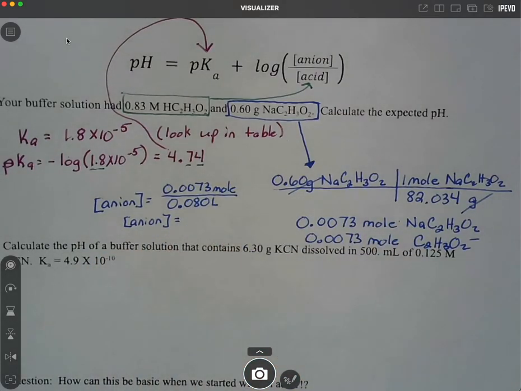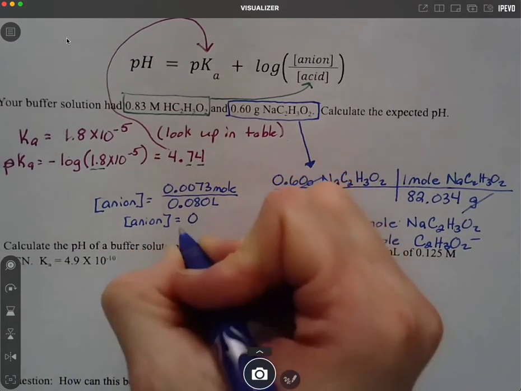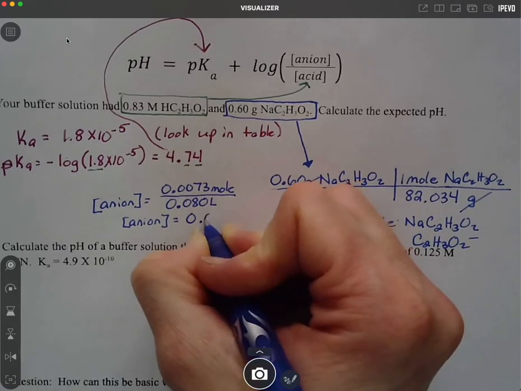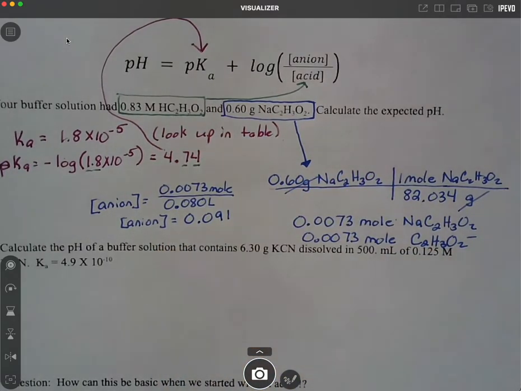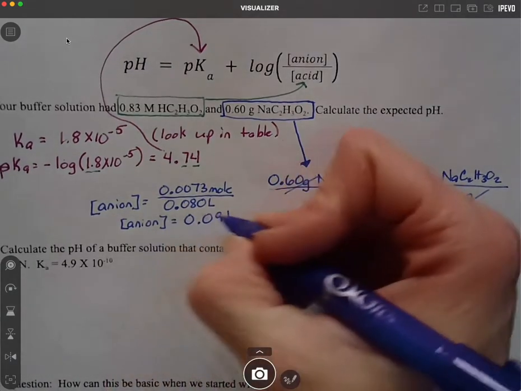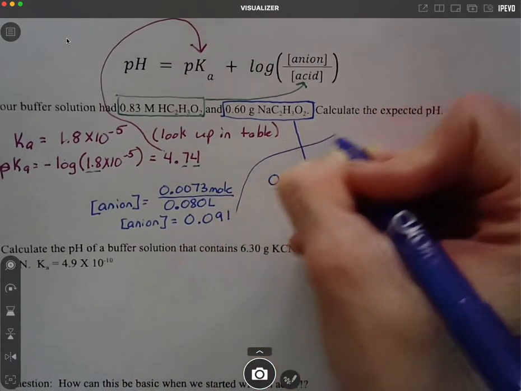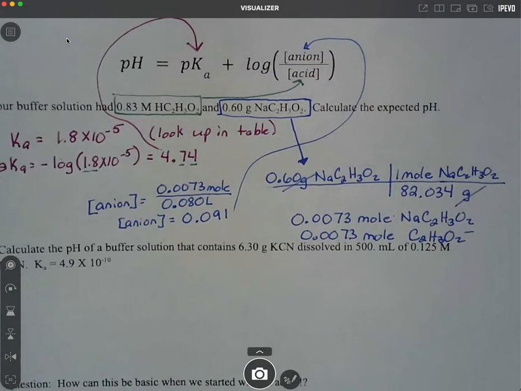So the concentration of my anion is 0.0073 divided by 0.08. .091. Okay, and that is that piece right there.